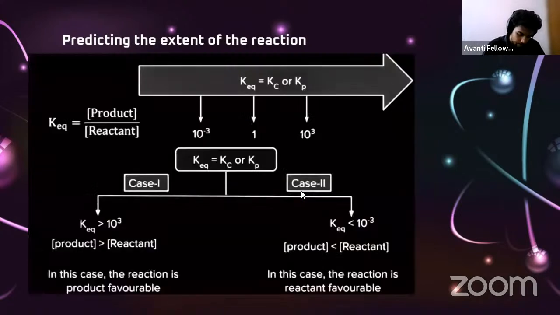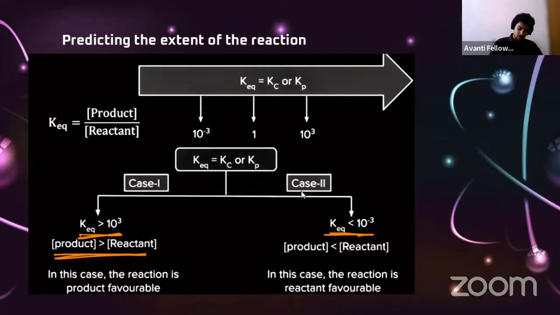If we write it properly, in case 1, K equilibrium is greater than 10 power 3. In case 2, K equilibrium is less than 10 power minus 3. In the case where K equilibrium is greater than 10 power 3, product concentration is more than the concentration of the reactant.